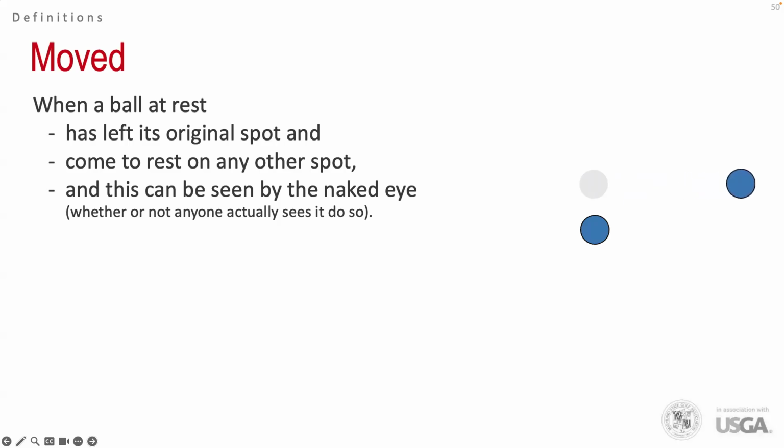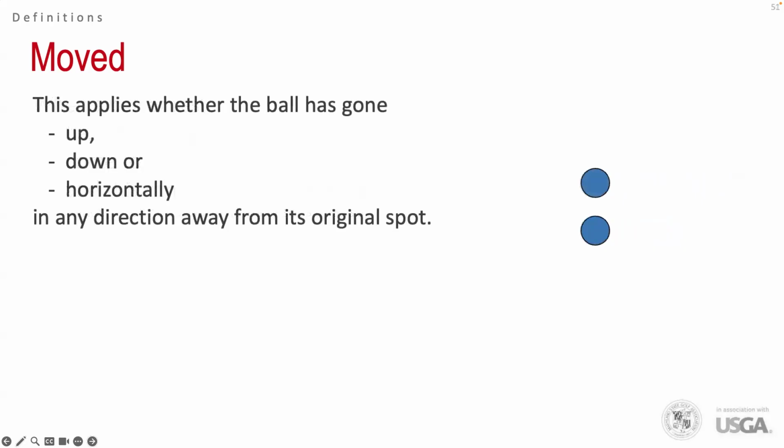Here you can see that ball moved. Here you can see that ball maybe went away, but then came back. So really, it moved, but not in the eyes of the rules. It came back to its original spot. This applies whether the ball has gone up, down, or horizontally in any direction away from its original spot. There we saw the ball move to the side.